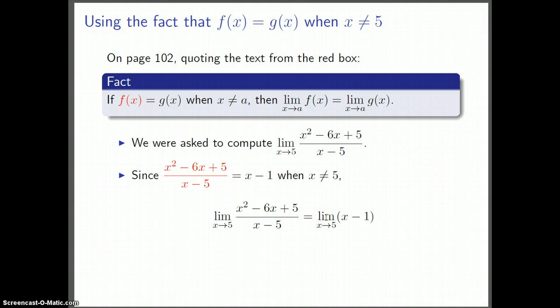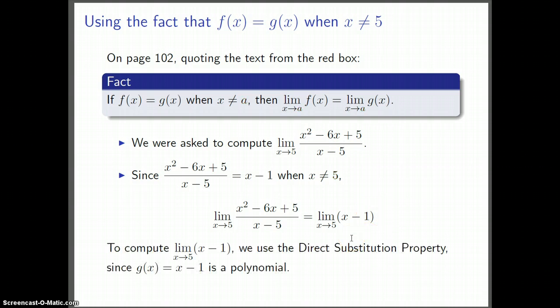We have this f of x highlighted both in the formula in the fact and in our instance here, and we have our g of x's which align, and there's our 5, which corresponds to this a. That same number a, or 5, has to appear here and here. So this, which we were asked to compute, is going to equal this.